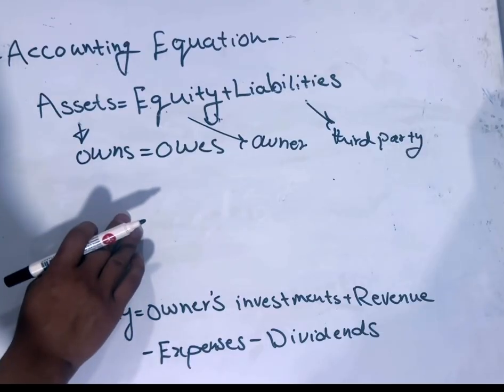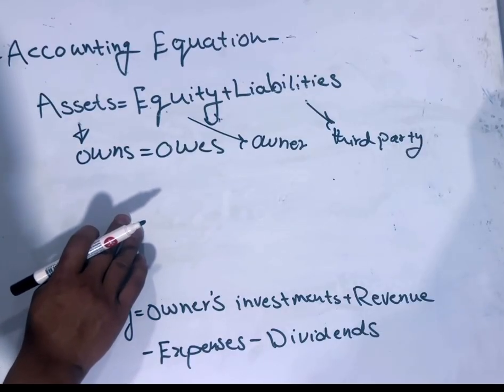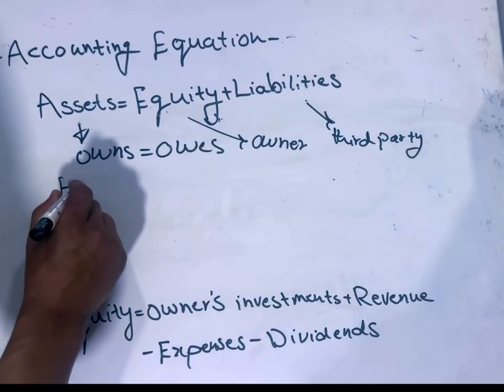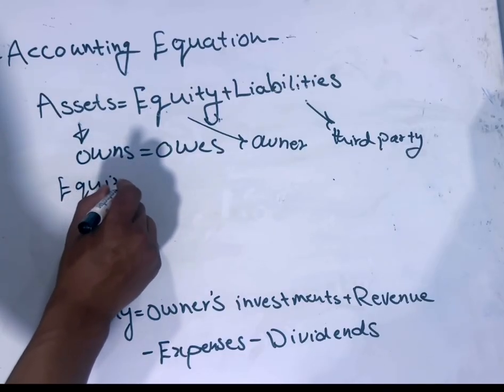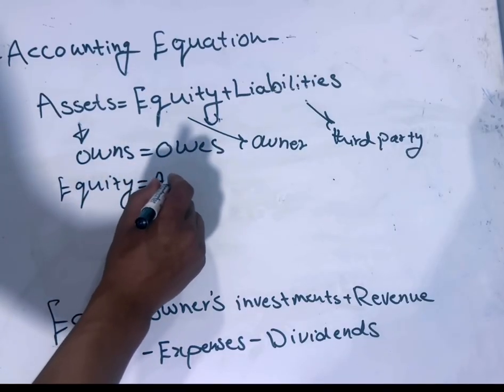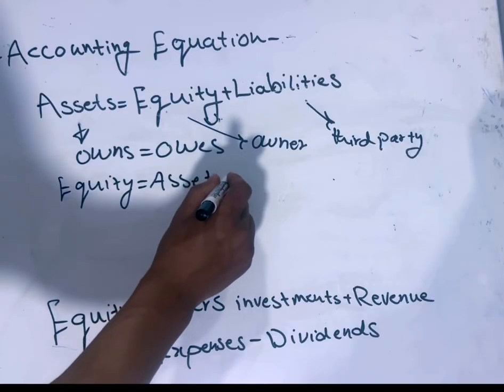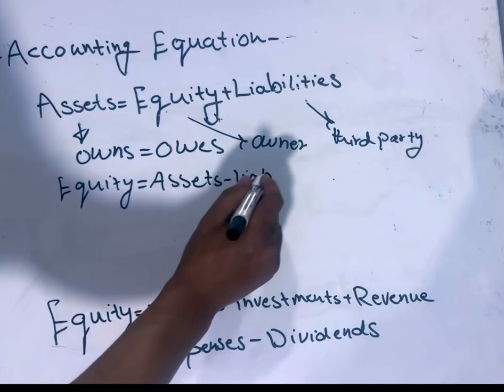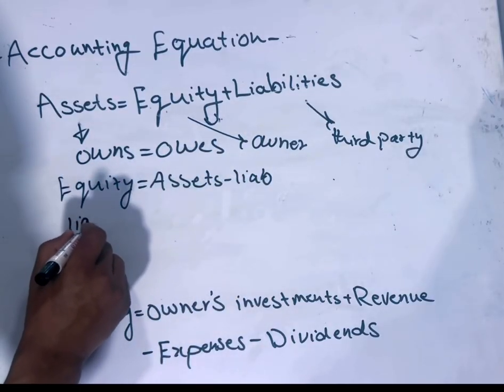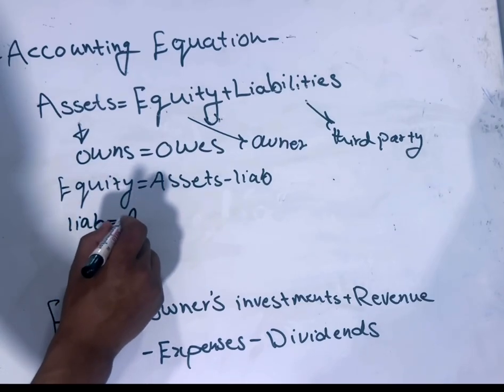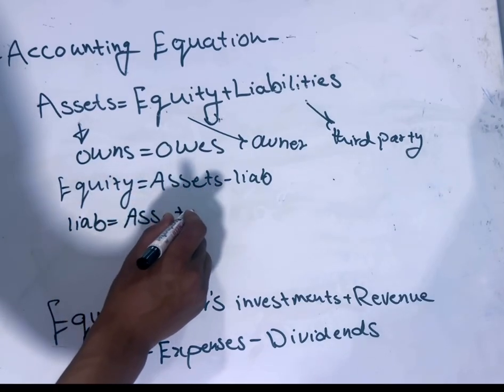So you can rearrange the accounting equation as well based on the requirement. You could say that equity is equal to assets minus liabilities. And you can say that liabilities equal assets minus equity.